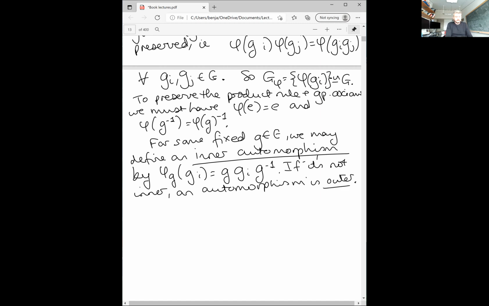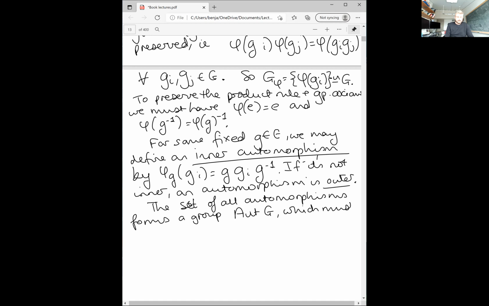So the set of all automorphisms forms a group. We can write this as Aut G. And so it turns out this must include the coset space of G and its center as a normal subgroup.